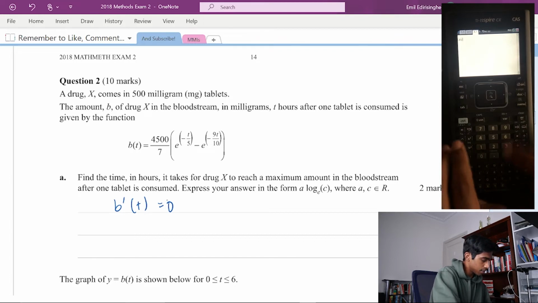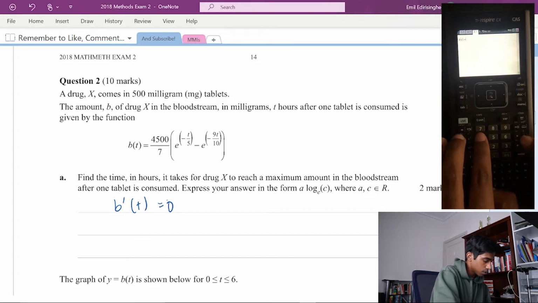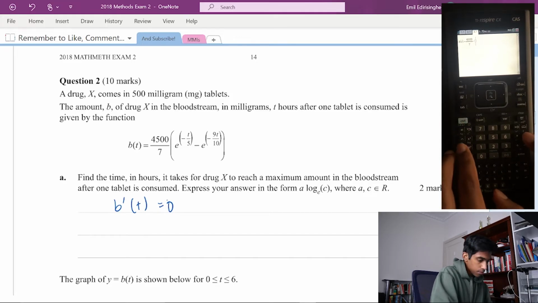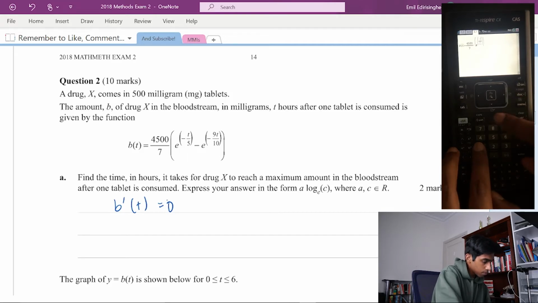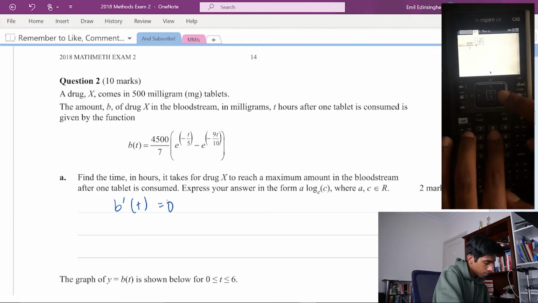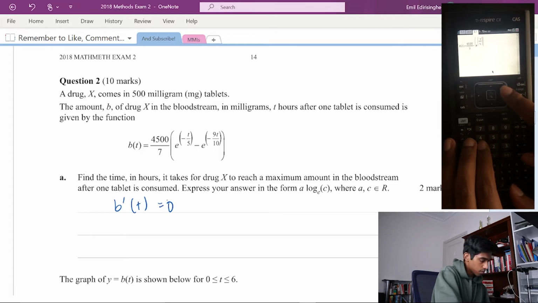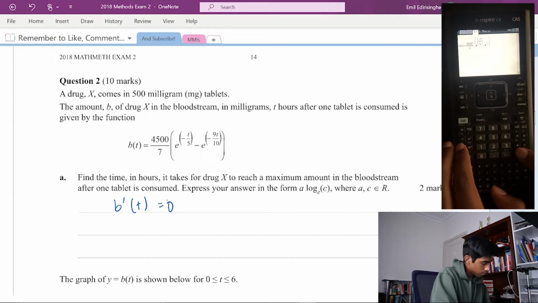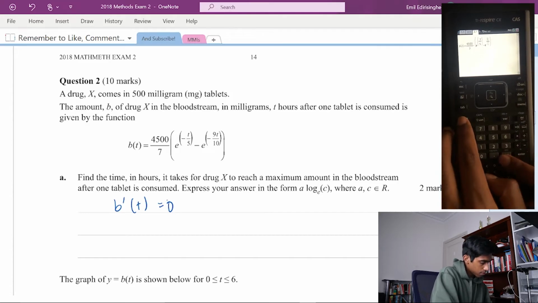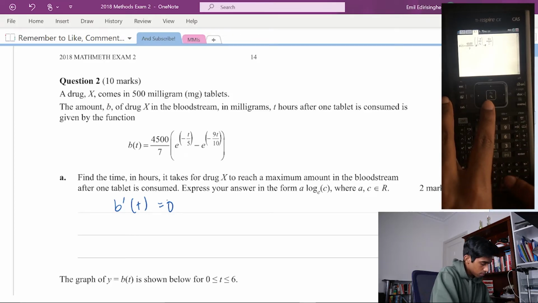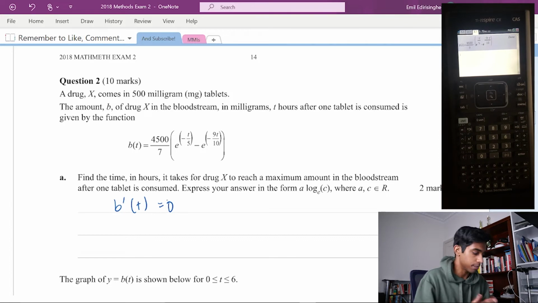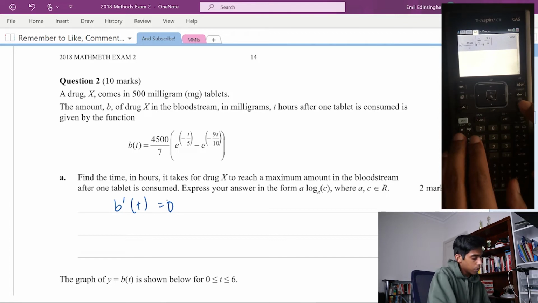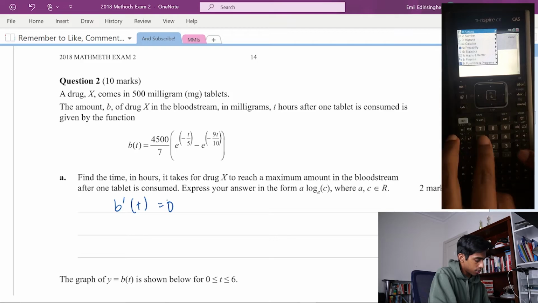So we'll go b of t is equal to... So I've defined that equation here, and now what we're looking for is the function max.